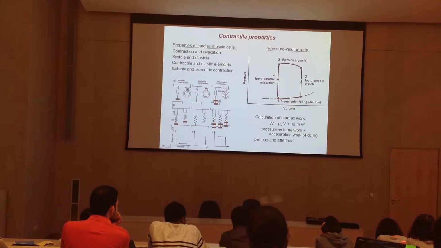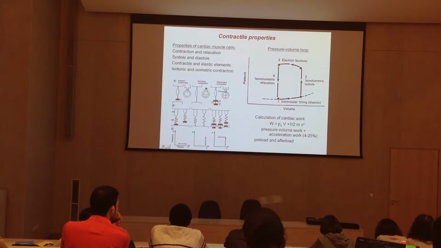Now, if the ventricular contraction tries to eject the blood, first, the intraventricular pressure has to be higher than the pressure in the aorta.